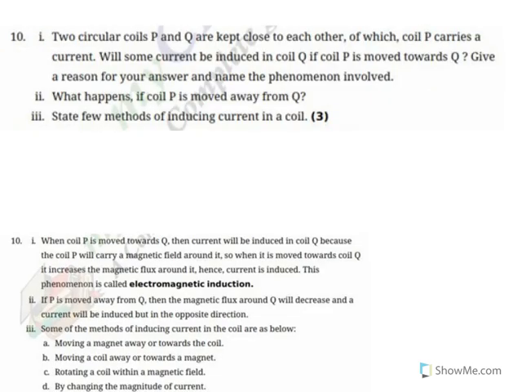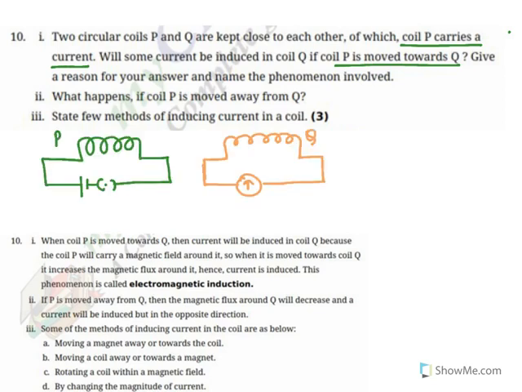Two circular coils P and Q are kept close to each other, of which coil P carries a current. Will some current be induced in coil Q if P is moved towards Q? Give a reason for your answer and name the phenomenon involved. Now when coil P, which carries current because it is connected to a battery, is moved towards coil Q, remember that P also has a magnetic field around it.